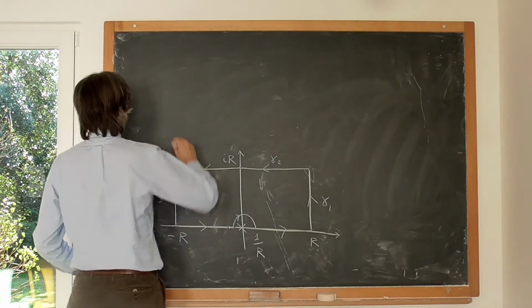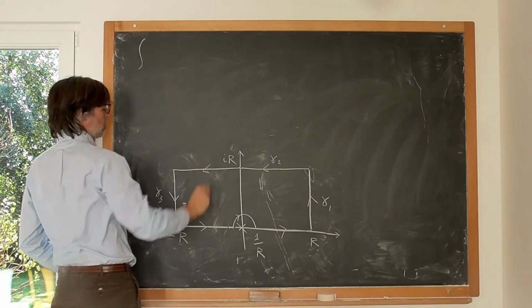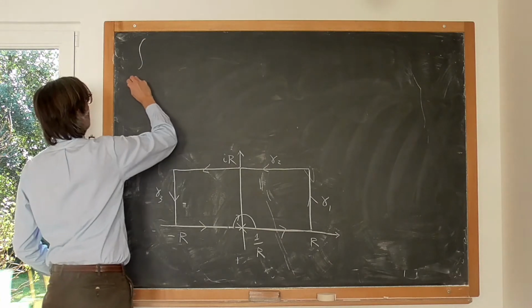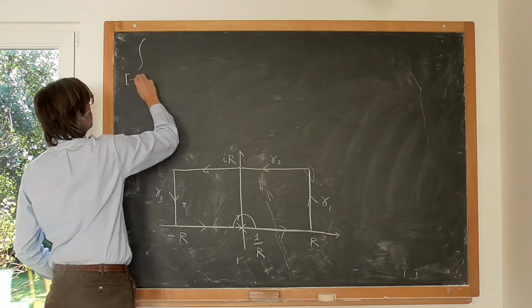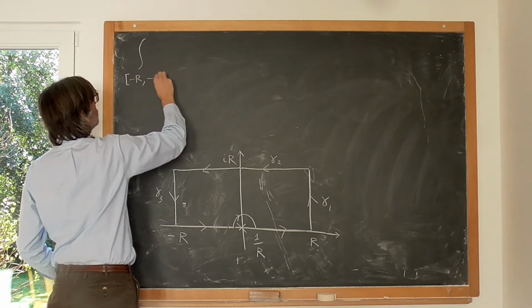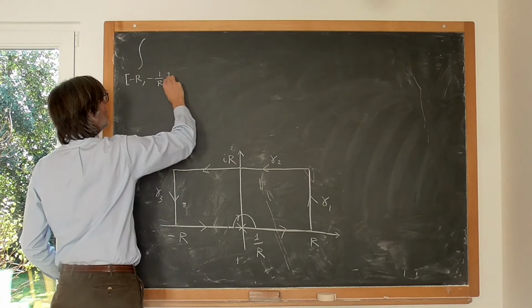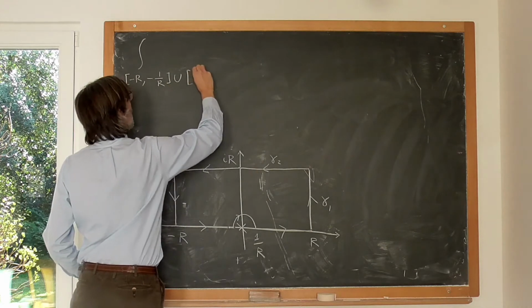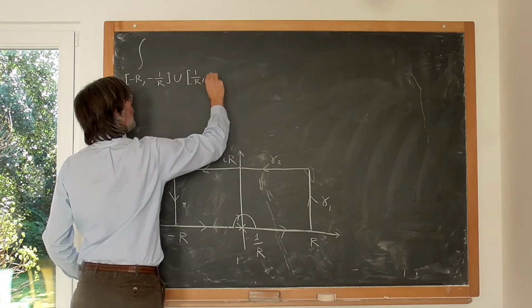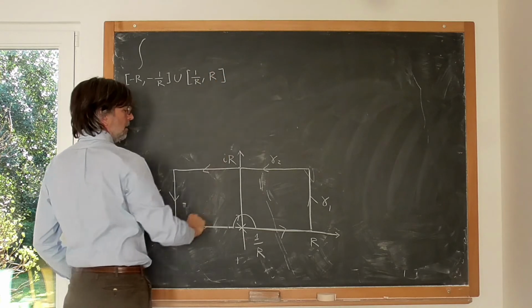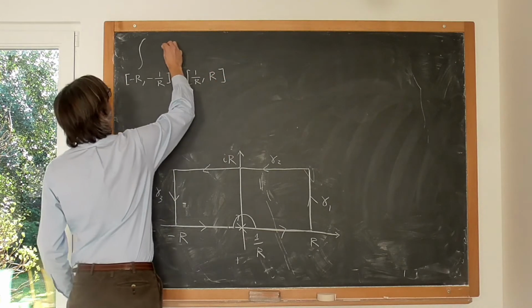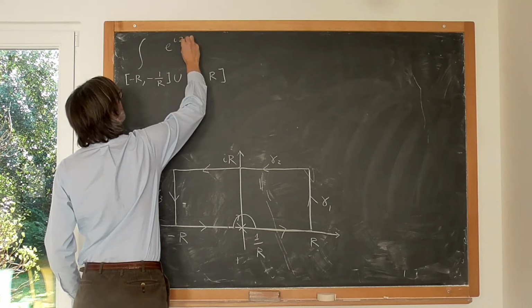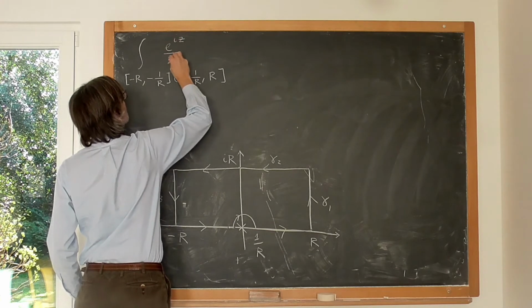So, first of all, let's consider the integral over the interval minus R, minus 1 over R union 1 over R, R of our function e to the iz divided by z dz.